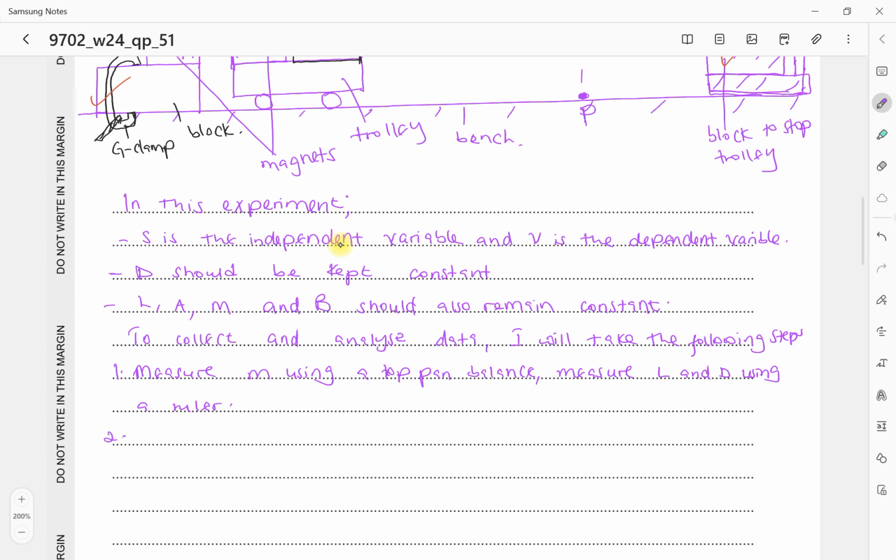Number two, I'm still taking measurements. I've not yet measured or determined the magnetic flux density. So let me first measure the diameter. So measure the diameter D of the magnet, small d of the magnet, using a micrometer screw gauge.